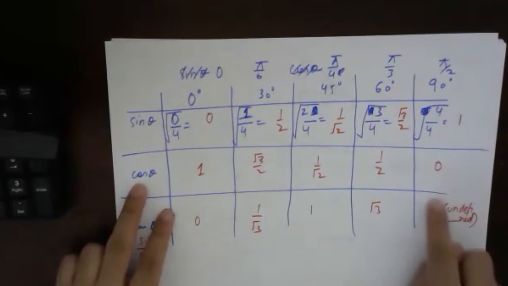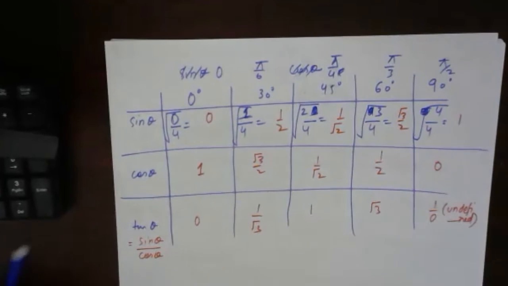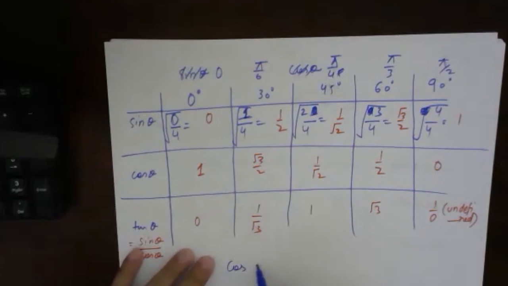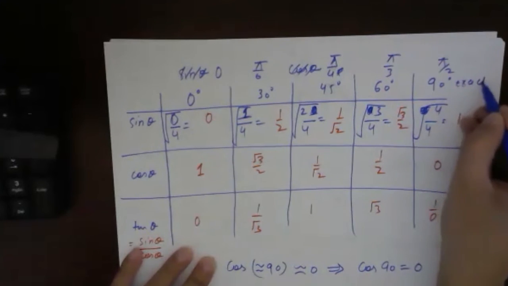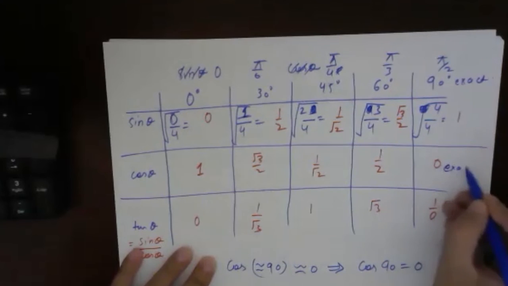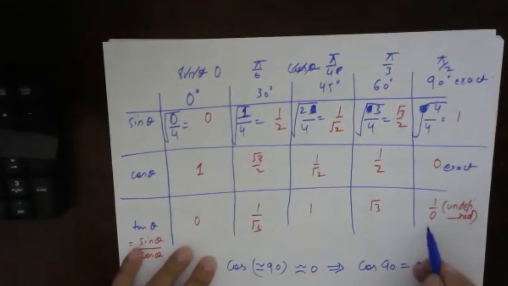That is why it is 1 by 0. Approximate values we check: cos of approximate 90 is approximate 0. So using this, I said that cos of 90 is 0. This 90 is exact and this 0 is exact.